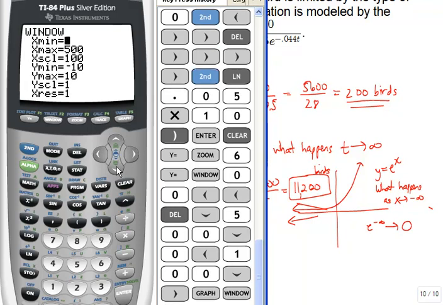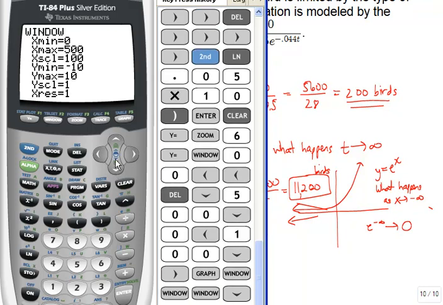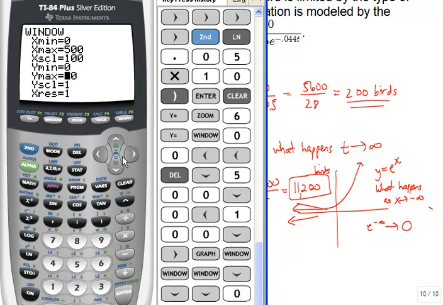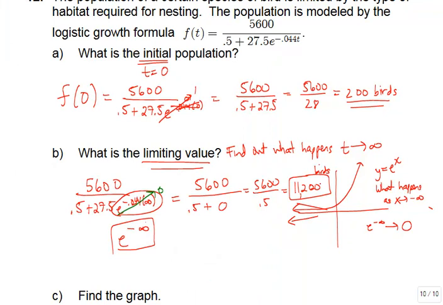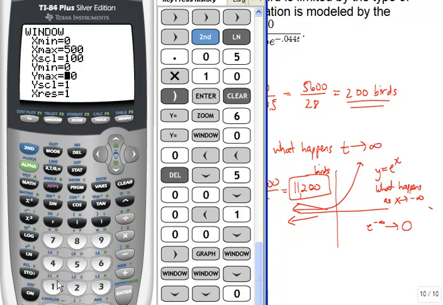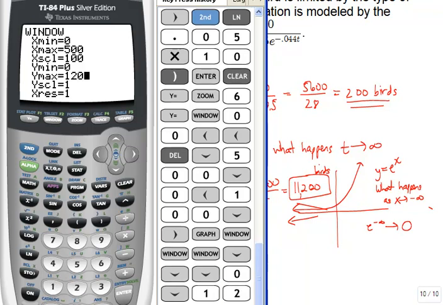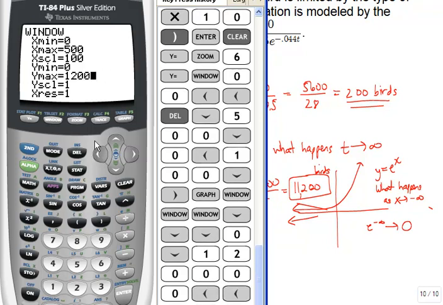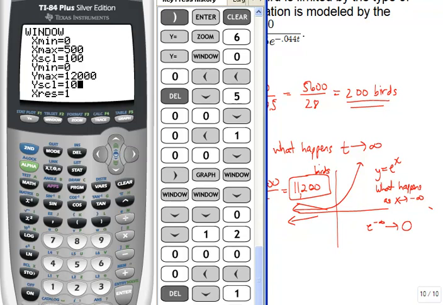Sorry about that. Let's go back and adjust our y's. I'm going to let my y min start at 0 as well, because we don't really need to consider negative populations here. And because our highest population is about 11,200 from our limiting value, let's let our y max be slightly bigger than that so we can see this, maybe 12,000. And our y scale can be maybe 1,000. Hit graph.